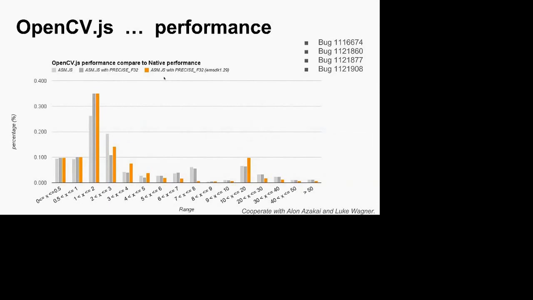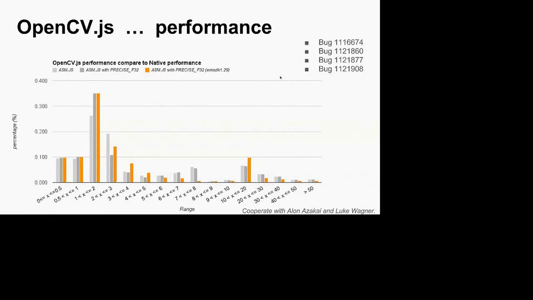In the current status, about 55% of the test cases run in no more than 2 times of the native performance, which is good enough. If you are interested in the performance issue of OpenCV.js, you can follow these 4 bugs in Bugzilla.